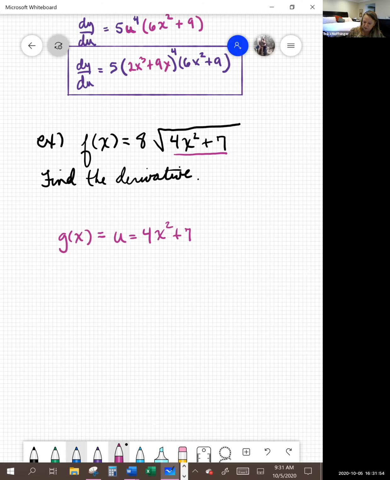So we can say, well, then y is the same thing as f of u. So looking at it, we have an 8 here, and then we have a square root. And then replace what we chose g of x or u to be.